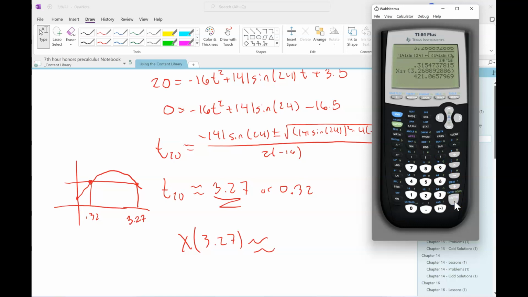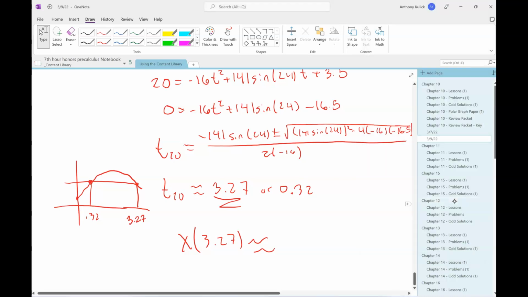So I get 421. Now, which way should I be rounding this? Should I be rounding it up or down? Has to be down. So if I'm going to one decimal place, I would want to make that 421.0. Or if I did 2 decimal places out, 421.06.